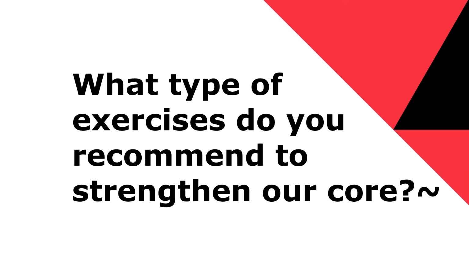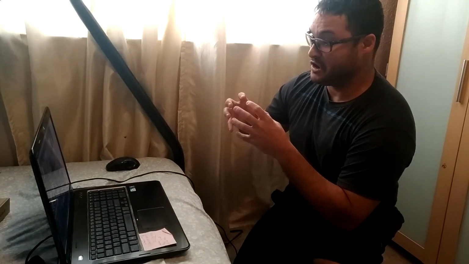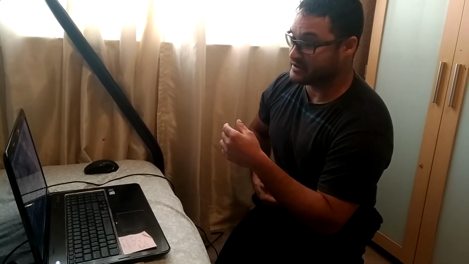Okay, this might be one that is going to be longer than for Q&A, but what type of exercises do you recommend for core strengthening? My go-to is going to be a plank, TVA activation, which is like bracing. Normally you want to strengthen your transverse abdominis, which is the very first layer of your abs. It behaves like a belt.